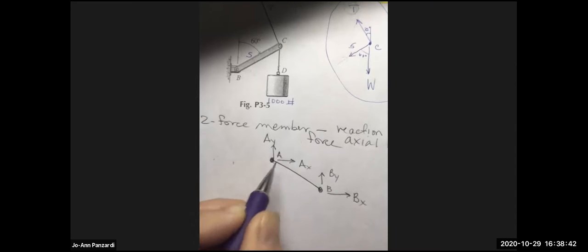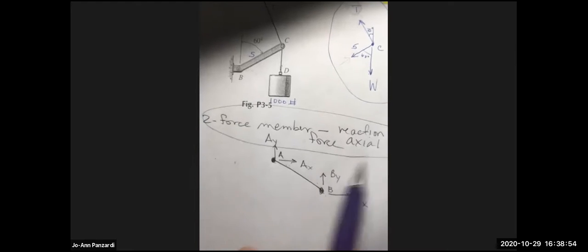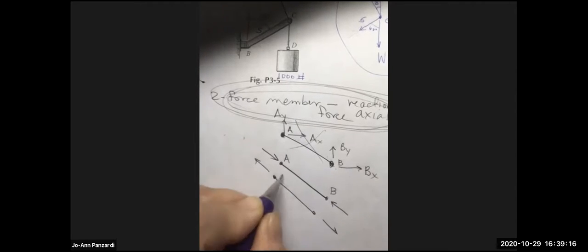Ordinarily, with the knowledge we have now, we would draw an AX and AY here, and a BX and BY here. But now I'm telling you that whenever you have a two-force member, the force actually goes through the member. So this could all be replaced with a force like this. You could draw it like that, or you could draw it like that, either way.